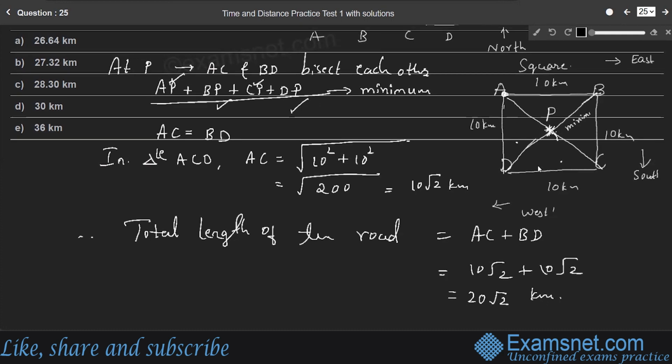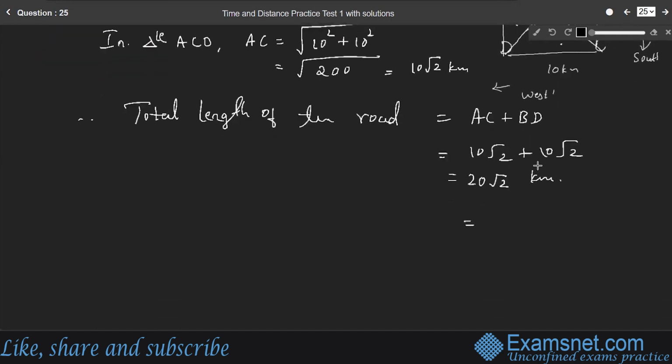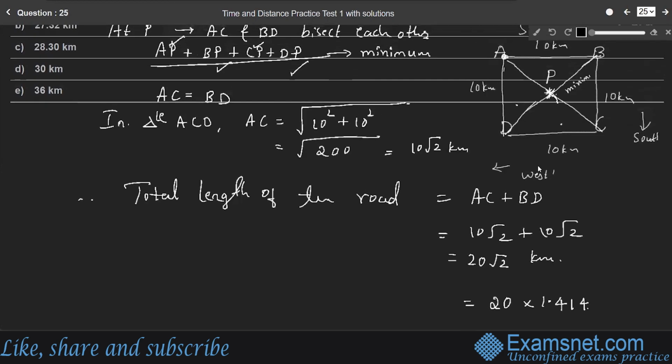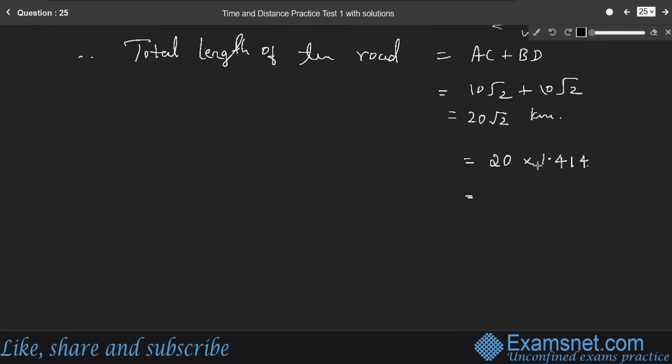Since root 2 is 1.414, you will get the answer as 1.414 into 20, which is 28.28, nearly equal to 28.3 kilometers.